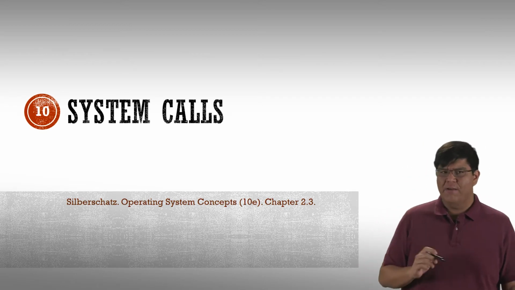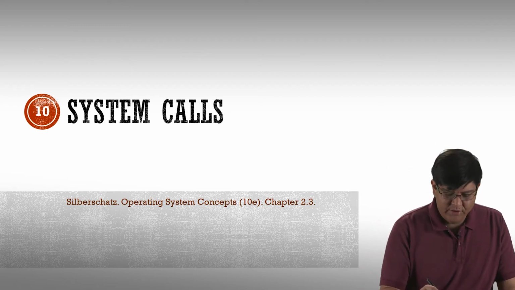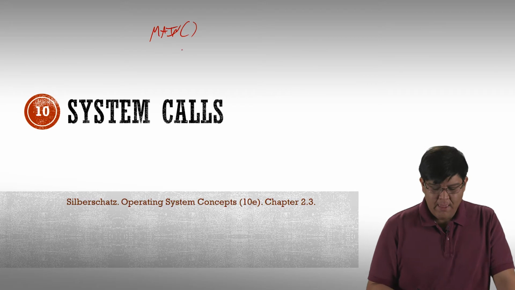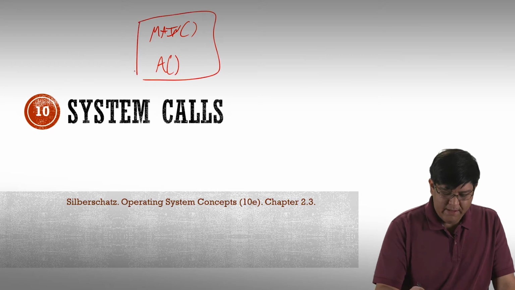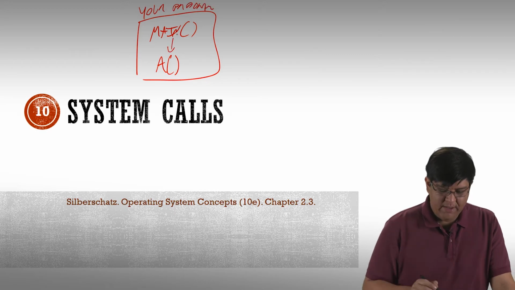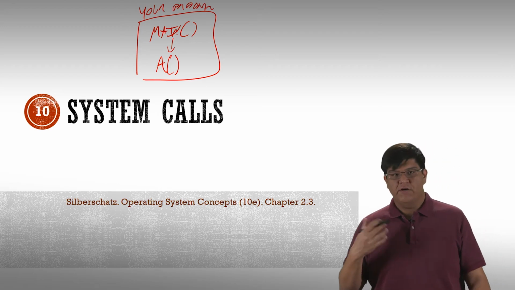So actually, maybe I'll diagram this a little bit before we go on. So you imagine you have a program, and you have this main method. And then in your program, you maybe have something called, we'll call it a function, just A. And this is your program. You could, for example, just call from main, you could call A, so you're making a function call.